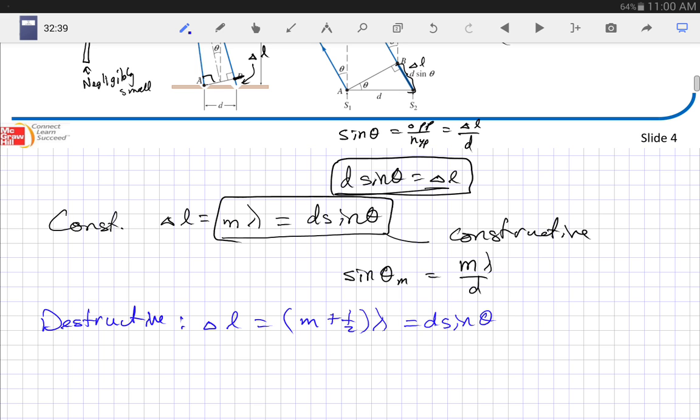If I solve this one for sine theta, I'll have sine theta sub m is equal to m plus 1/2 lambda over d. So we have our equations for destructive and constructive that are pretty easy to put together, as long as you understand what constructive interference means and you can do your basic geometry.